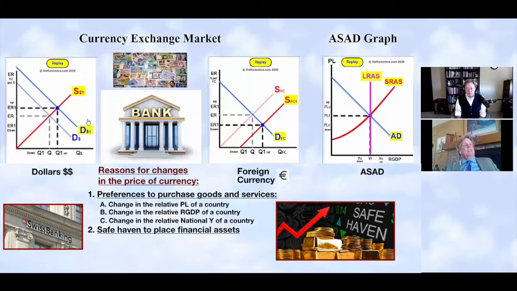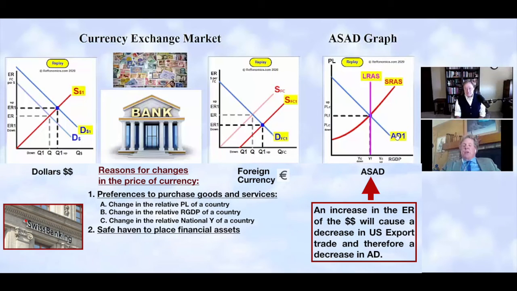So does this mean as the price of our exports go up, foreigners will purchase fewer of our exports? That's exactly what that means. So in this situation, you described this perfectly about a stronger dollar, but now you're telling me exports are going to go down because they cost more to foreigners because of the value of the dollar. And as exports go down, we know that there's a decrease in exports.